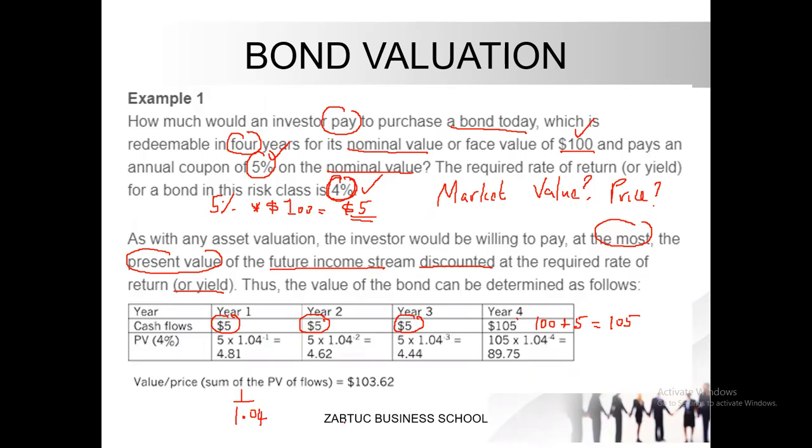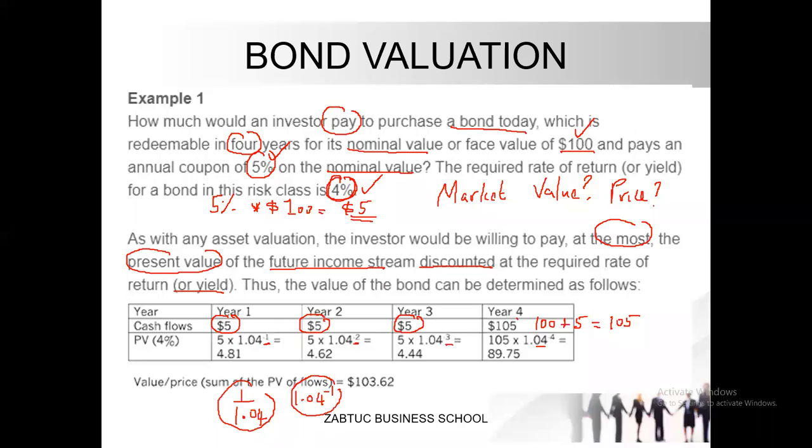Now, if you want to bring it on top, it becomes what? To bring it on top is 1.04 to the power minus 1. So this is the same as that. So what you see here, this is a minus 1, that's a minus 2, that's a minus 3, and that's a minus 4. Now you're learning something.